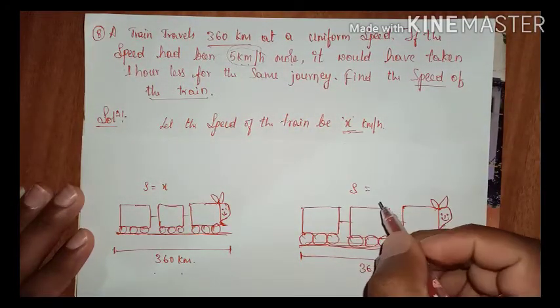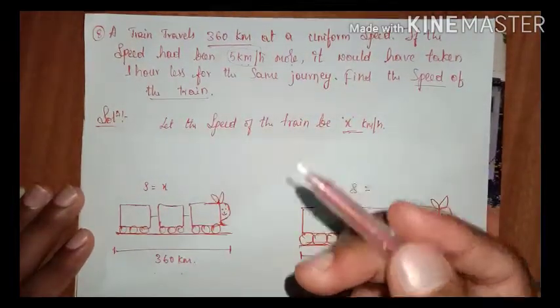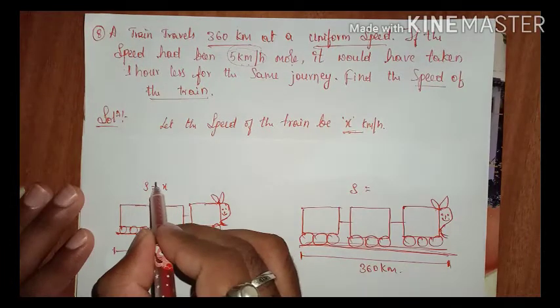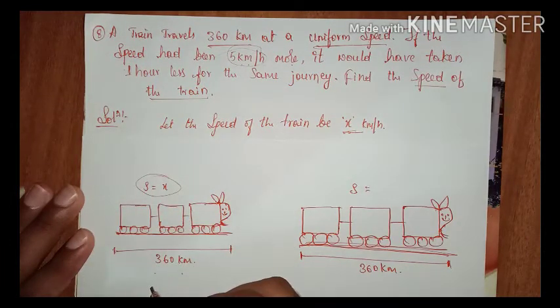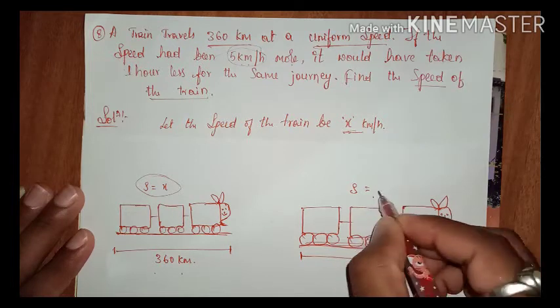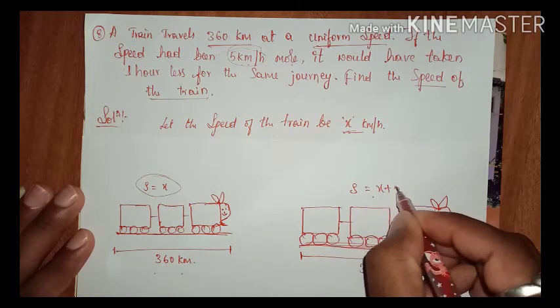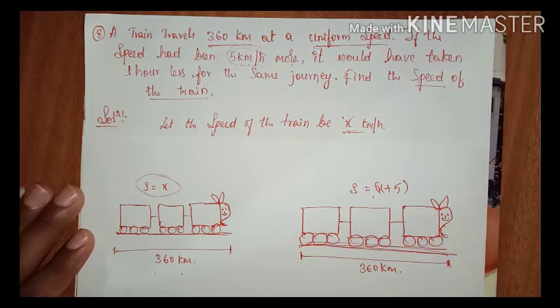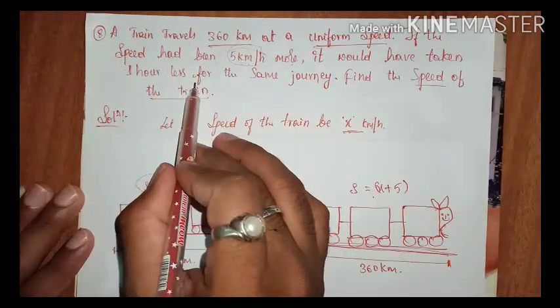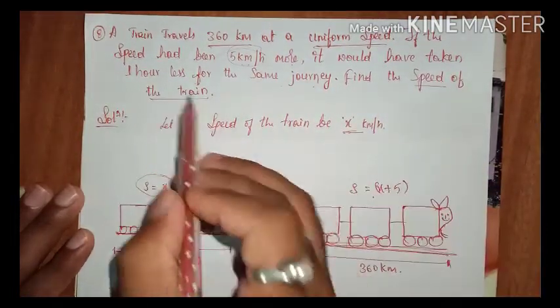The first uniform speed is x kilometers per hour. So now increasing by 5 kilometers per hour means x plus 5 kilometers per hour. Now it would have taken 1 hour less for the same journey. Find the speed of the train.